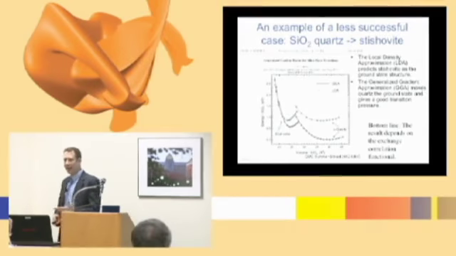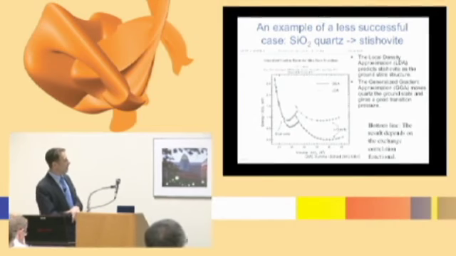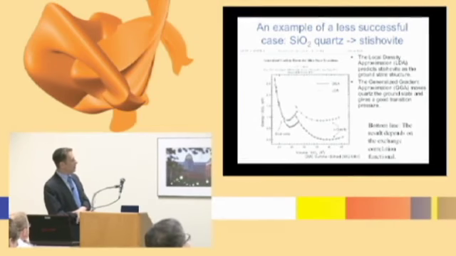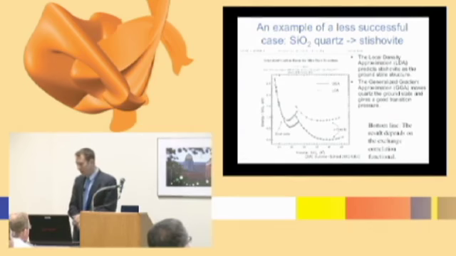So it incorrectly predicts this relative energy difference. Whereas if you apply this generalized gradient approximation, which I'll be talking about briefly, it gives the right energy difference between the phases and correctly predicts quartz to be the ground state phase.